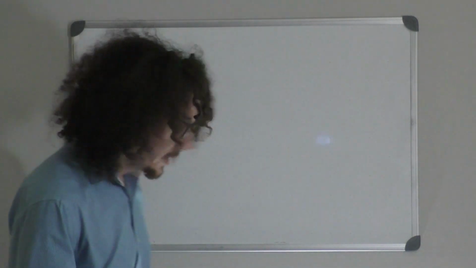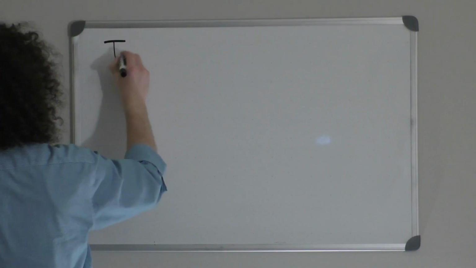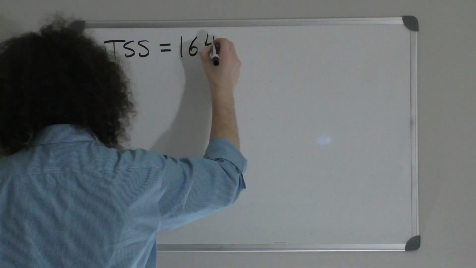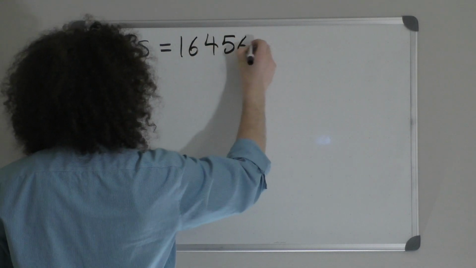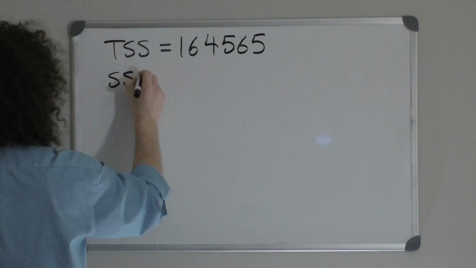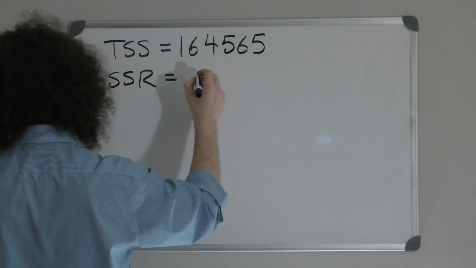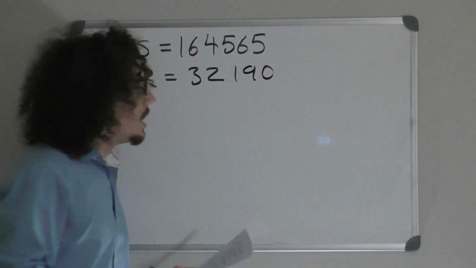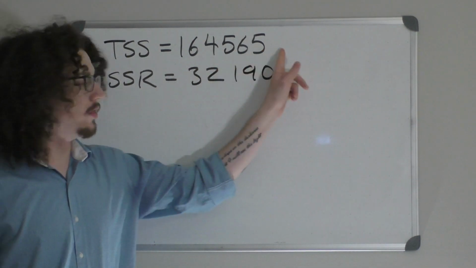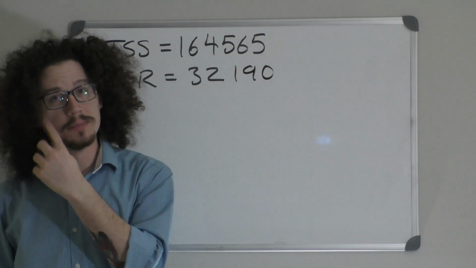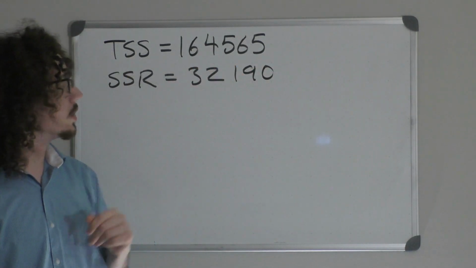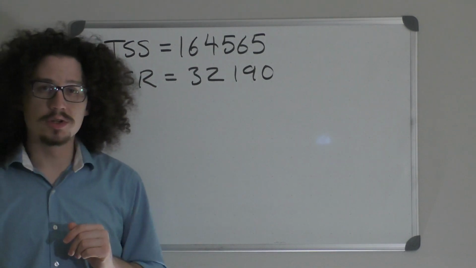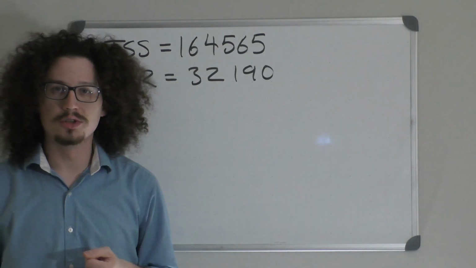For that equation, our total sum of squares, the total variation for our dependent variable hourly wages, was 164,565, and our sum of squares regression was 32,190.